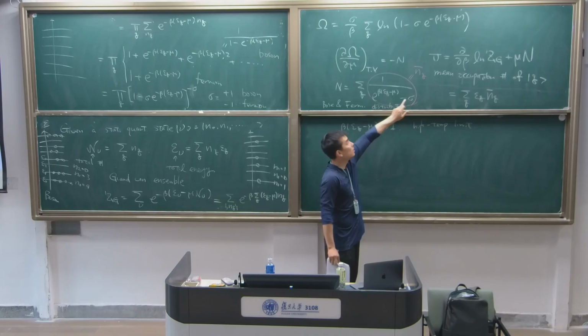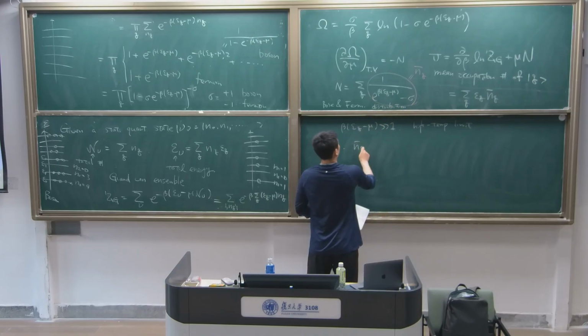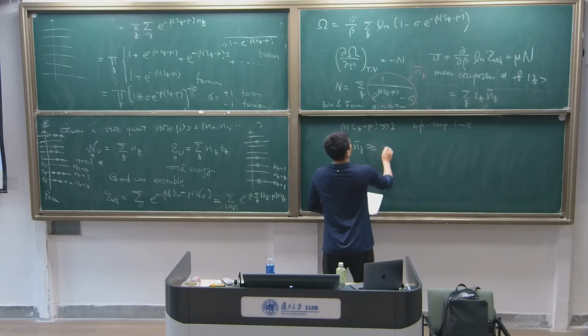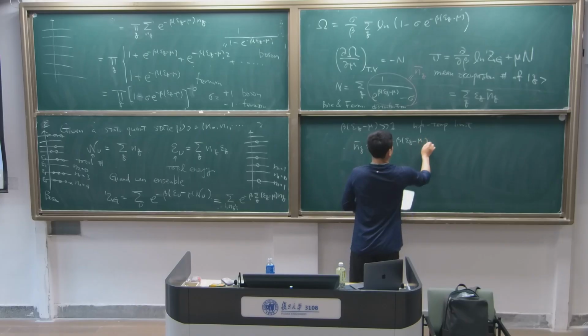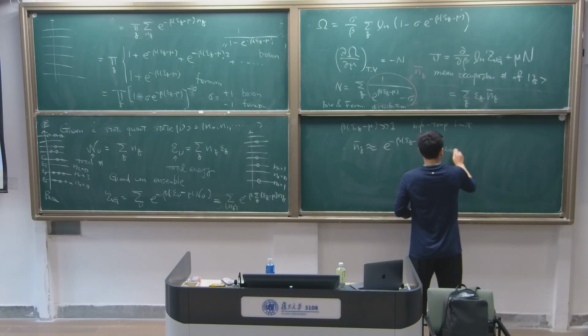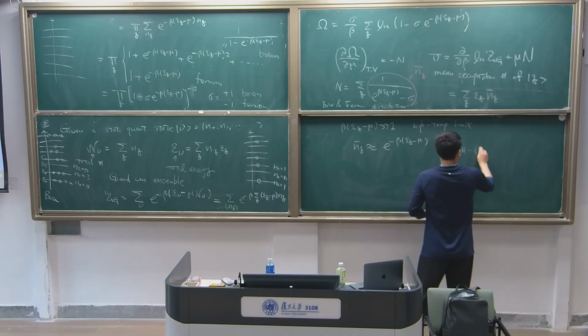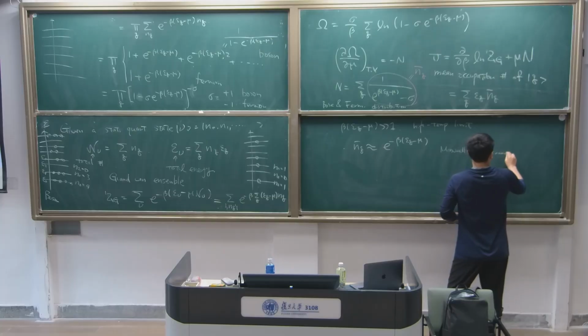So this is just one. Therefore, n bar q is roughly e to the minus beta (epsilon q minus mu). This is for the Maxwell, and sometimes it includes the Boltzmann distribution.